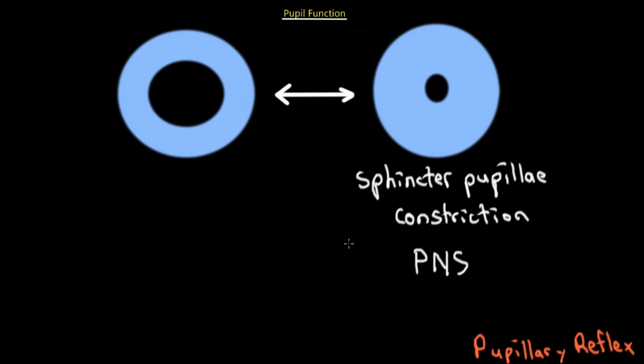Now, the other side of things, we're going to talk about dilation. And dilation is done by the dilator pupillae muscle. And this muscle is activated by the trigeminal nerve, which is another cranial nerve that's coming off of our brain.